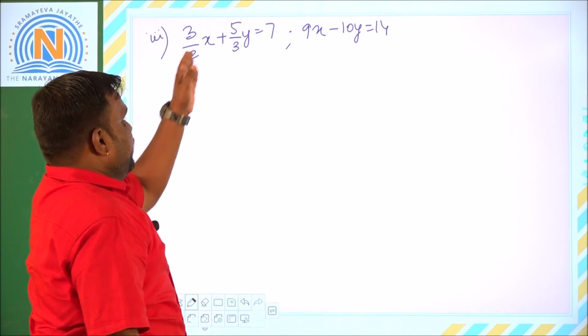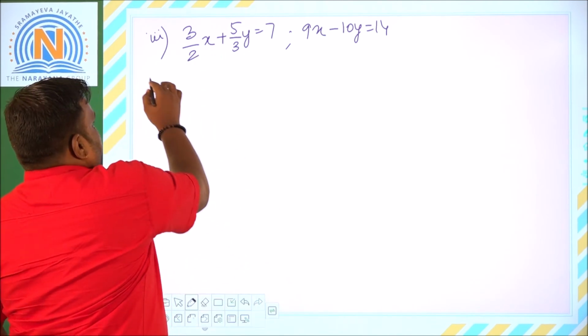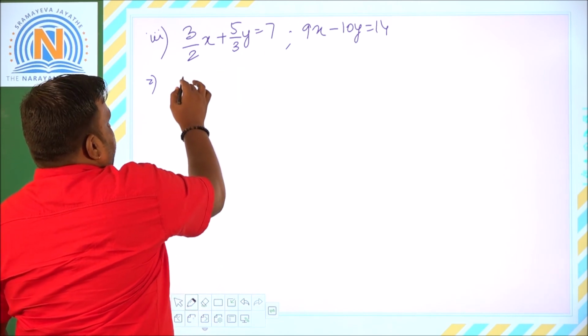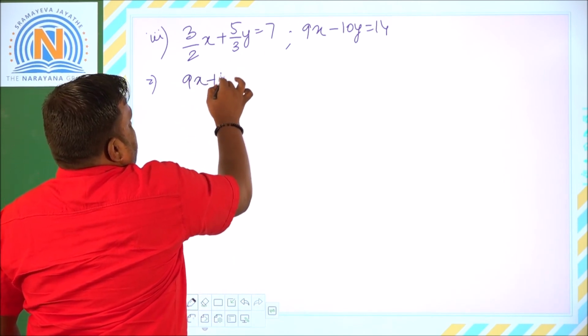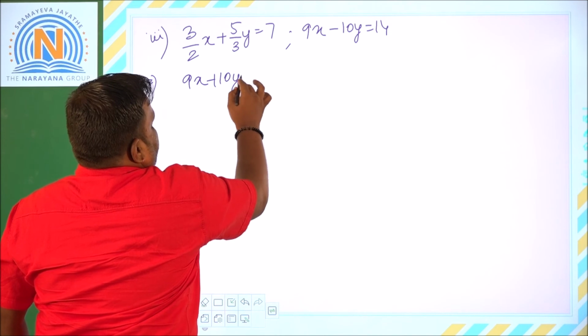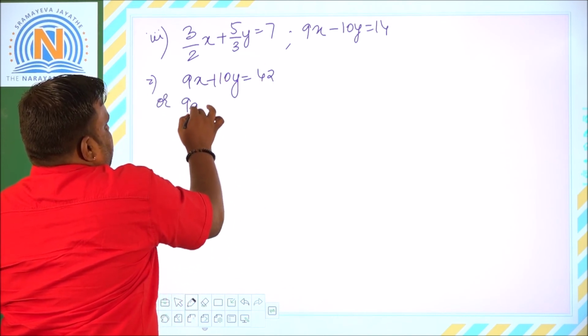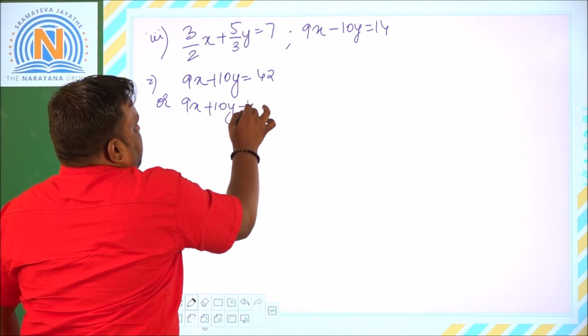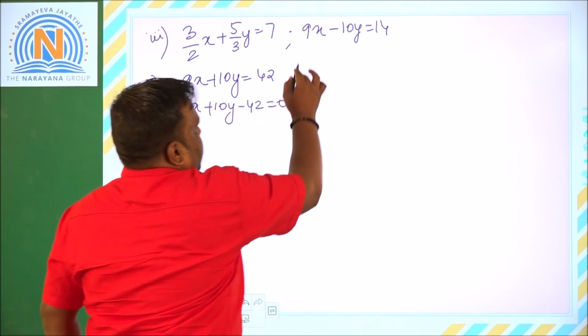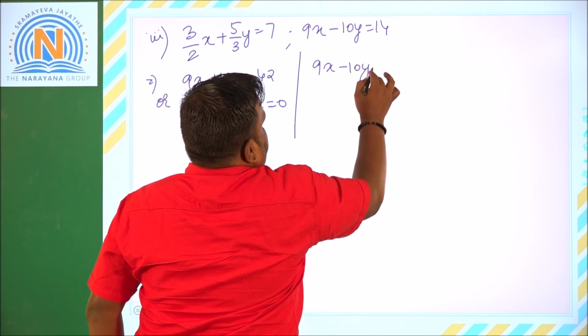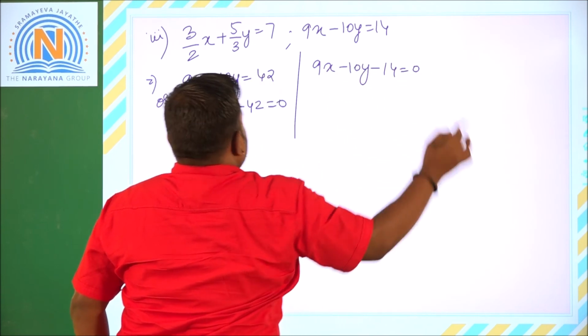On arranging them, taking the LCM and further simplification, here we are going to get 9x plus 10y is equal to 42, or another way, 9x plus 10y minus 42 is equal to 0. Similarly, the other one is 9x minus 10y minus 14 is equal to 0.